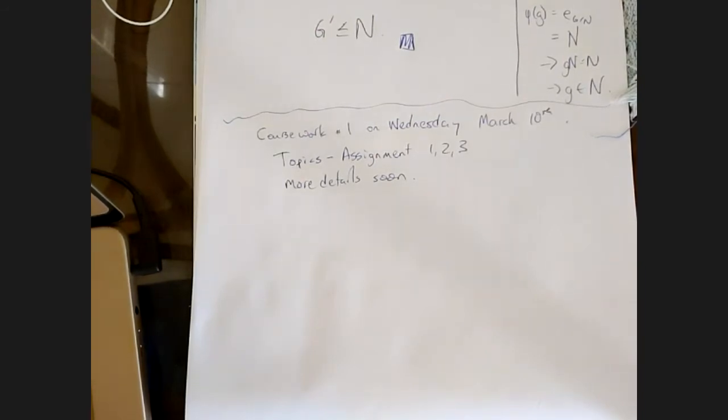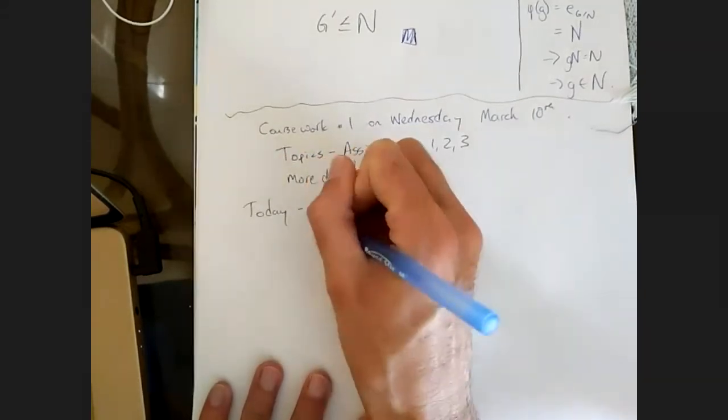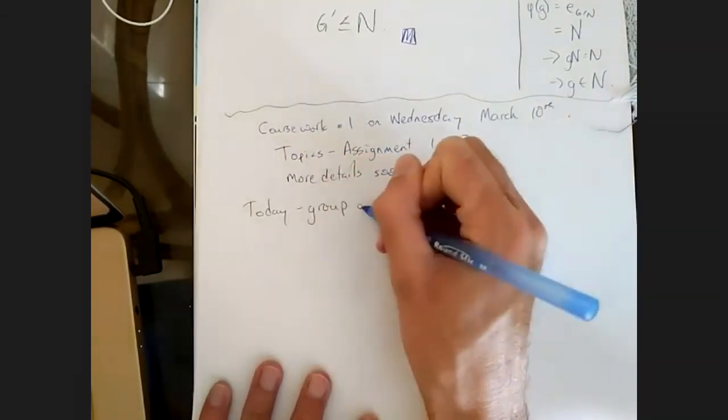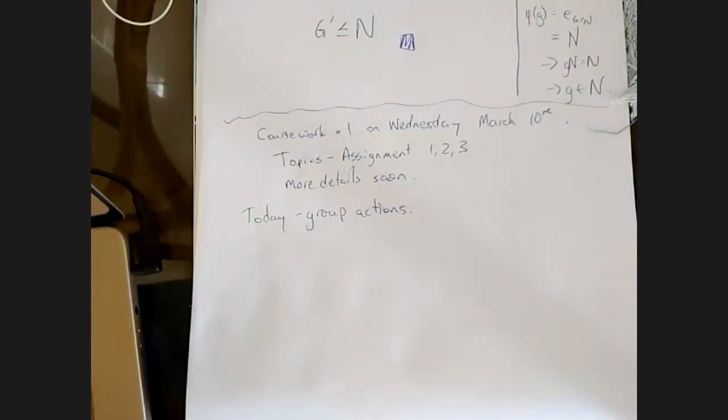So for today, basically we're going to start talking about group actions. This topic is actually the original motivation for constructing groups and defining what they are, was to study group actions.